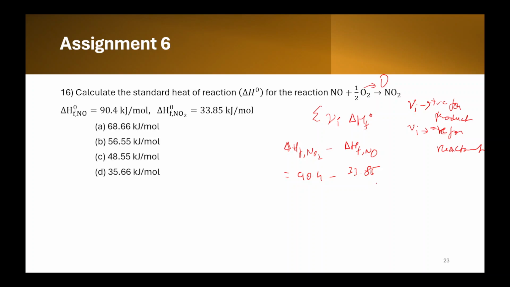That will come out to be 56.55 kilojoule per mole, same units. So the correct answer here is B part.